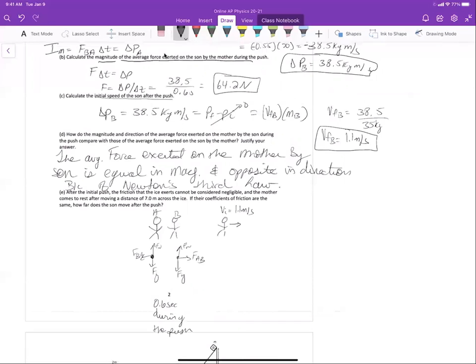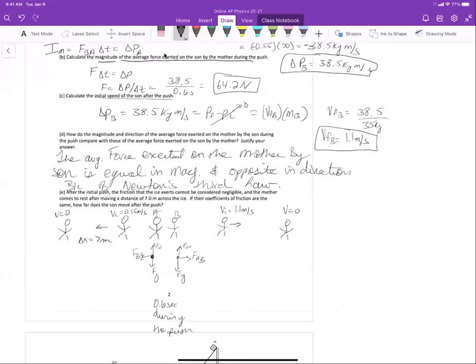The son's velocity is 1.1 meters per second. And then the son will come to a velocity of 0, okay? And then the mother had an initial velocity of 0.55 meters per second immediately after the push, and eventually has a velocity of 0. And they told us this delta x was 0.7 meters, okay?